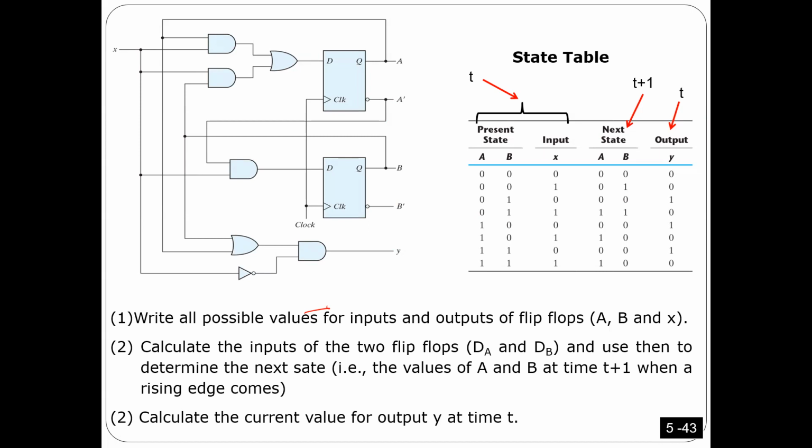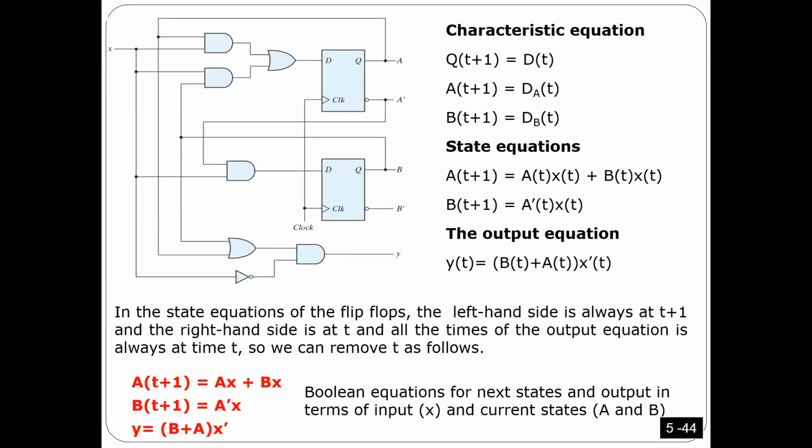So the way you have to do it, guys, is that number one, you need to calculate several equations. The first equation we call the characteristic equation. You don't need to calculate the characteristic equation, you just need to know it.